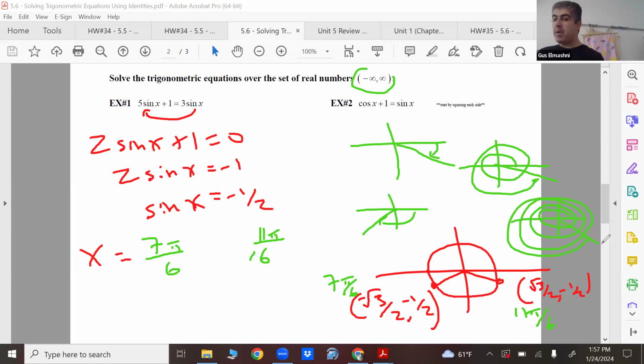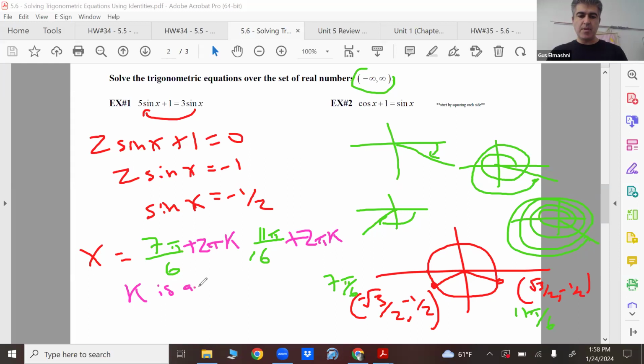There are multiple possibilities. In order to express that, here's what you do. You say this, plus 2 pi k, plus 2 pi k, and you state that k is any integer. Remember, integers are like whole numbers, but they have negatives as well. That's how you state a general solution.